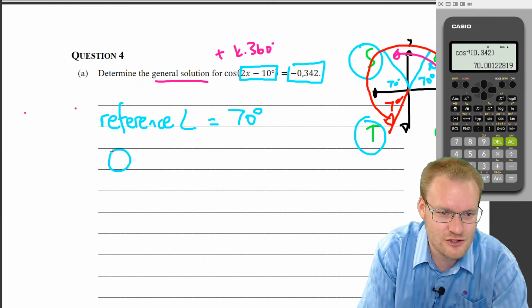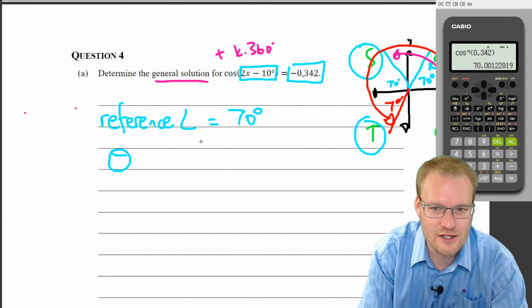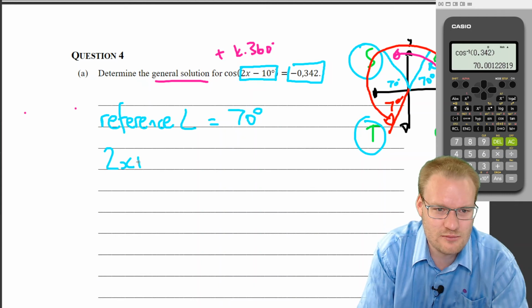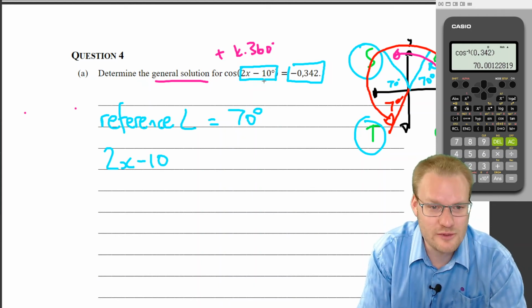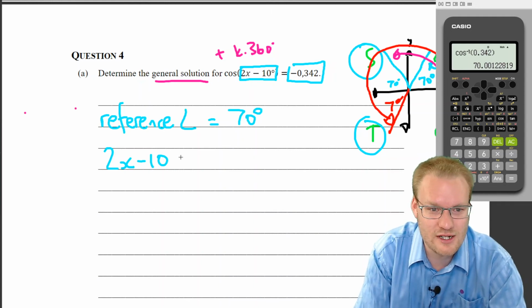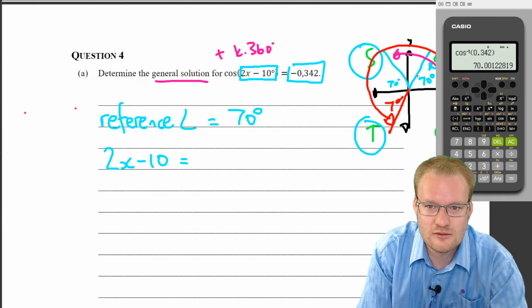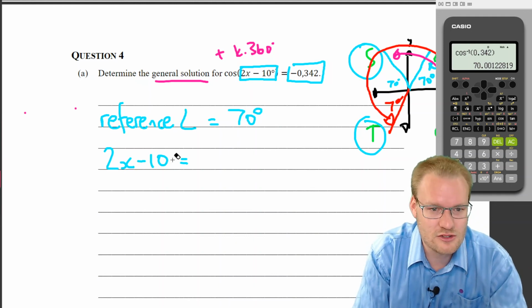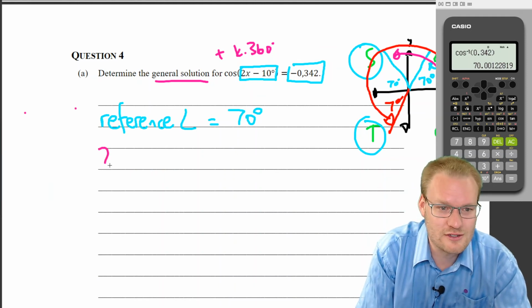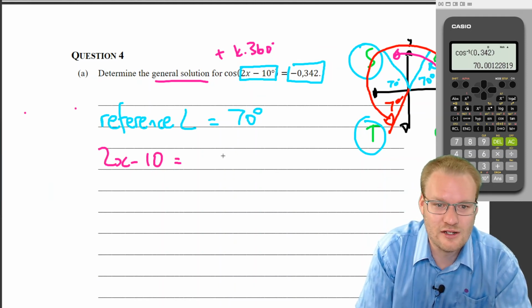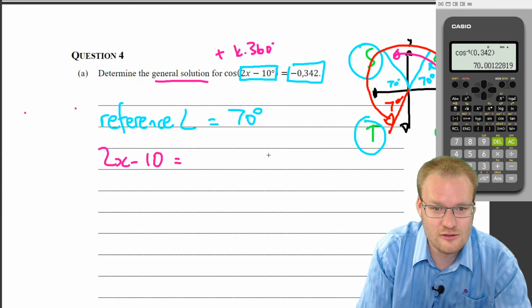Let's see if I can rather turn this not into the memo, but just say that theta, but wait, theta's 2x minus 10. Remember in the Edpuzzle I said, no, I shouldn't have said theta, it should have been 2 theta or something like that, or theta plus 90. Good idea reducing that, by the way. Equals whatever this angle is. Let's write this so that I'm not answering the whole question and saying 2x minus 10 equals the pink angle plus k360.